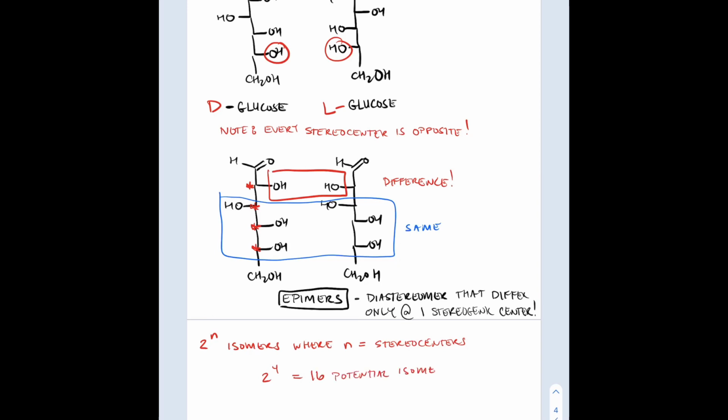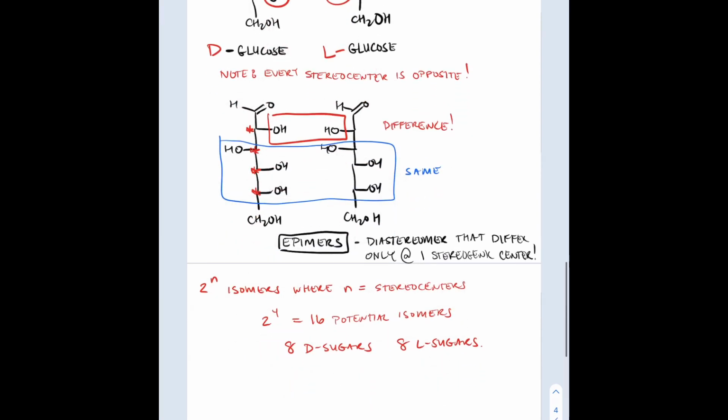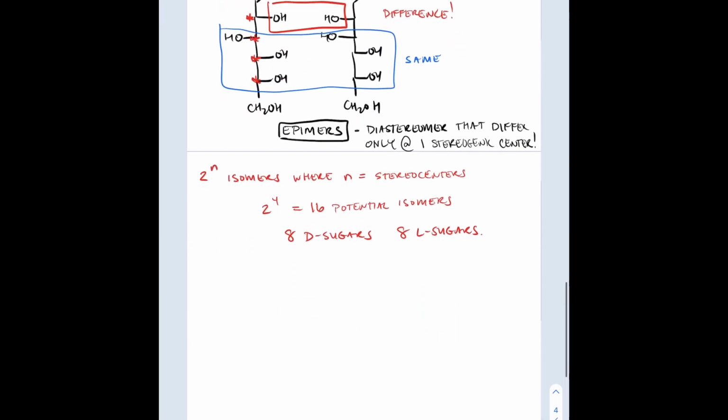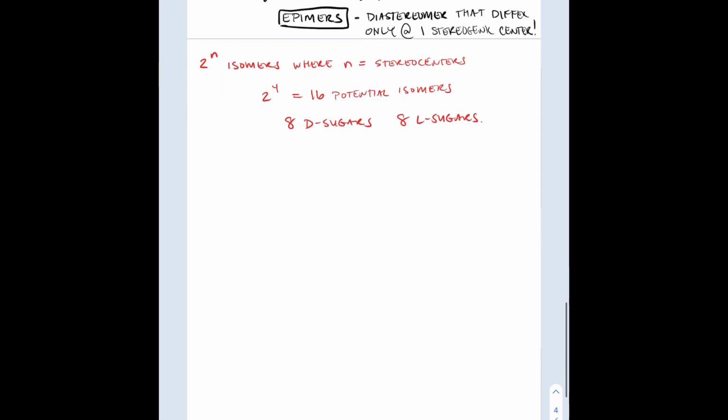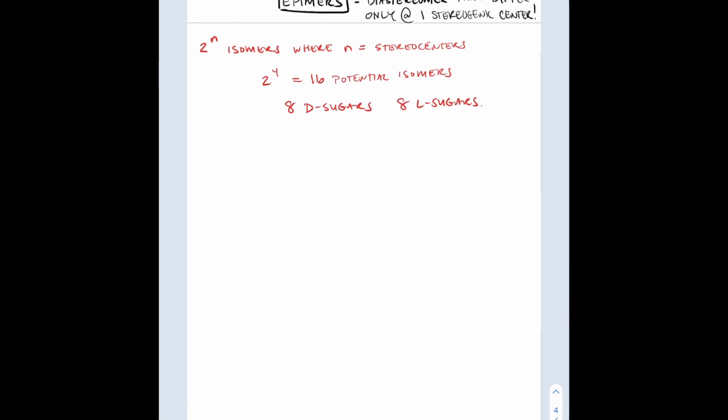This doesn't always hold because we could potentially get symmetry, but in glucose we do have 16 isomers, where 8 are D sugars and 8 are L sugars. We only care about 8 of them because our bodies can only process D sugars, and those are the naturally occurring sugars. Just like amino acids, where the naturally occurring ones are L amino acids.